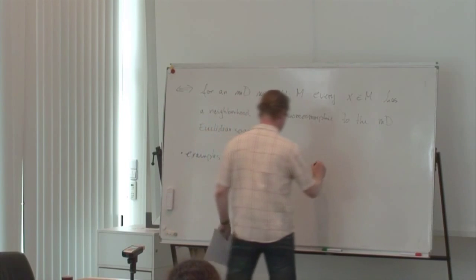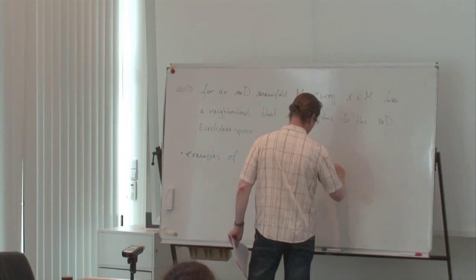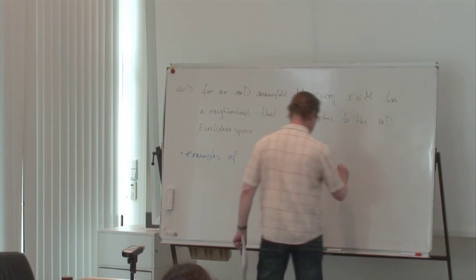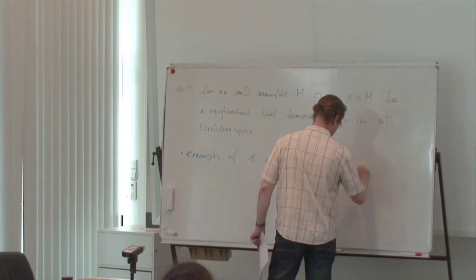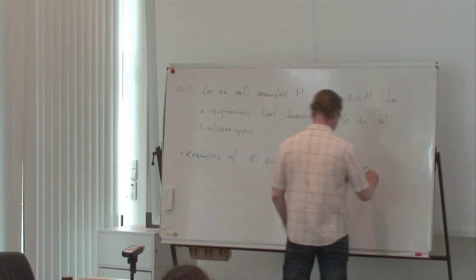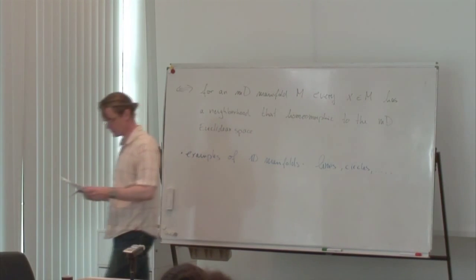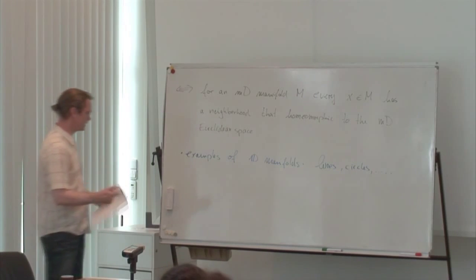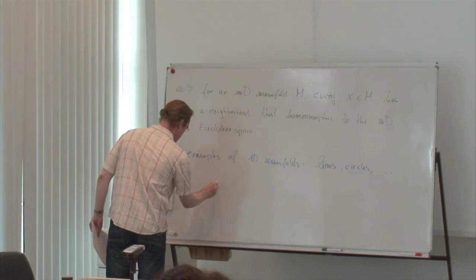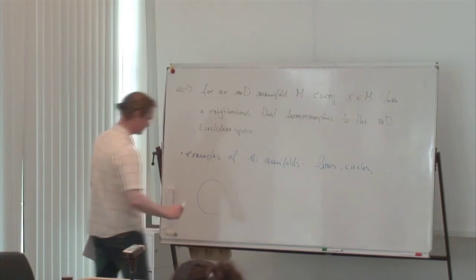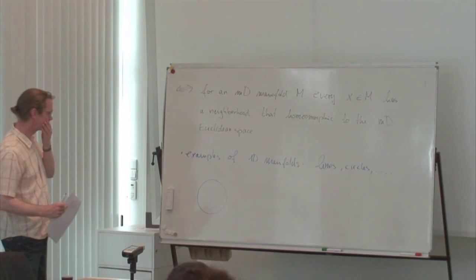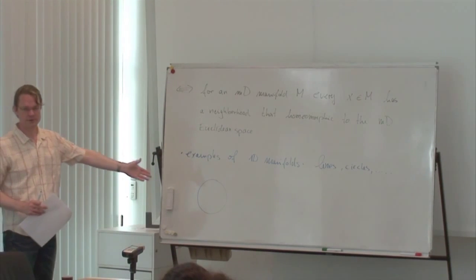For instance, lines are one-dimensional manifolds, or circles, and there are many more. Now let us look at a circle. Here is a circle. And this is a one-dimensional structure.